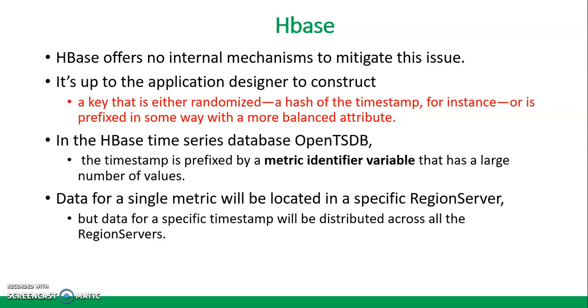In the HBase time series database OpenTSDB, the timestamp is prefixed by a metric identifier variable that has a large number of values. Data for a single metric will be located in a specific region server, but data for a specific timestamp will be distributed across all region servers.